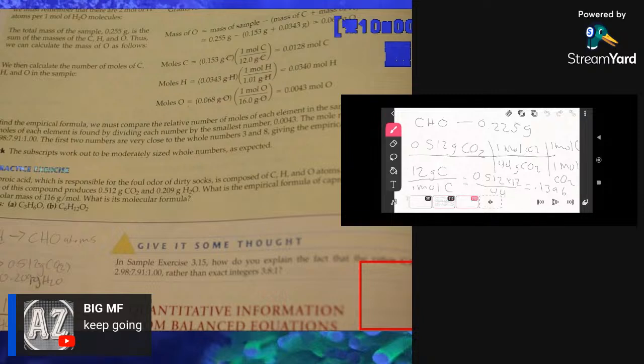It's equal to 0.1396. All right. So we're going to take that 0.1396 grams of what is it? Of carbon. Okay.